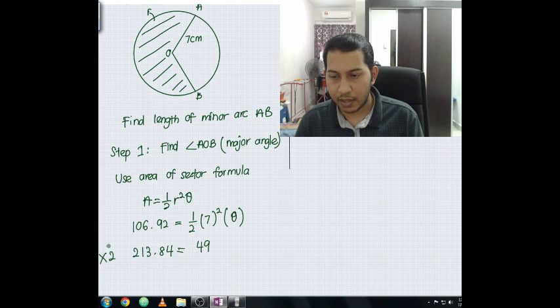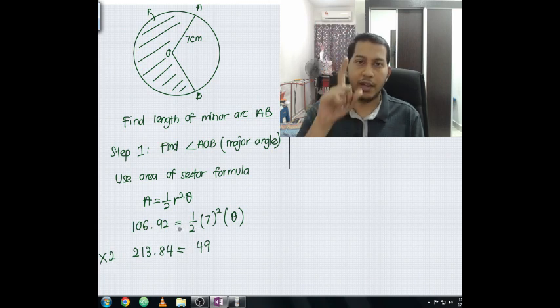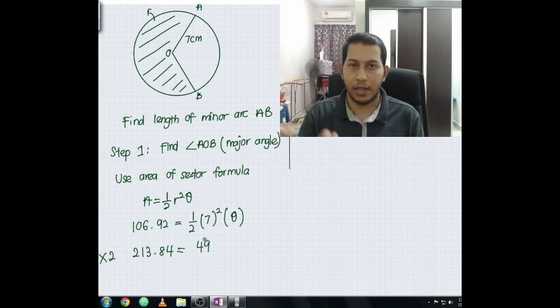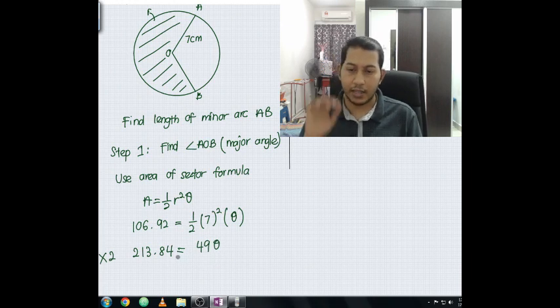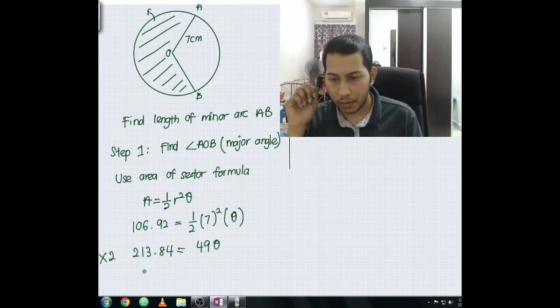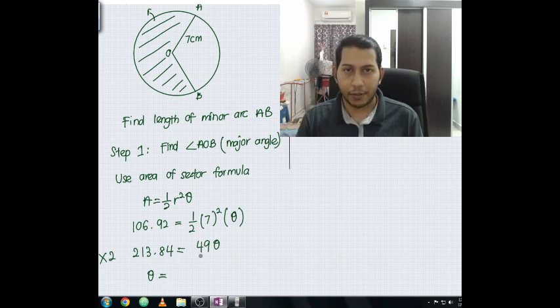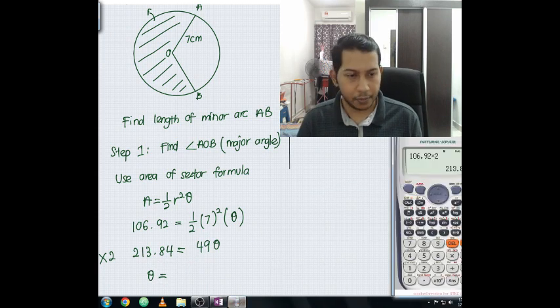When you times the equation by 2, the 2 and 2 get cancelled off, so it only becomes 1. So 1 times 49, that's how you get 49 here. So 49 theta is equal to 213.84. To get theta, you divide 213.84 by 49.